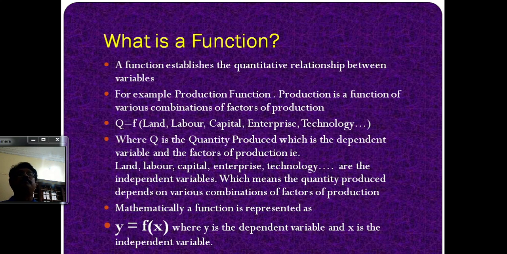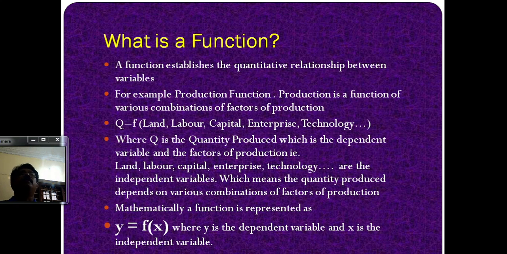For example, demand depends upon the various determinants of demand, like the price of related commodities, income of the consumer, taste and preferences of the customer, policies of the government, the demographic features of the population, etc. So we can establish functions for many economic variables. Standard of living is a function of income. Right, so that is a function.